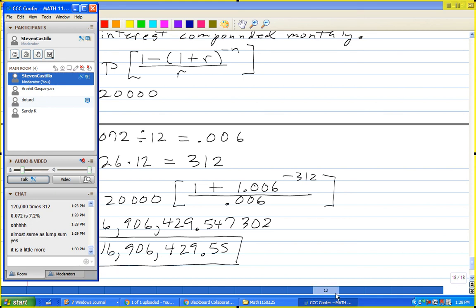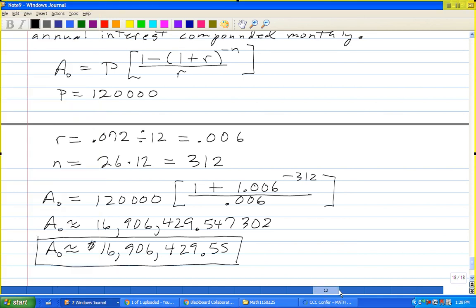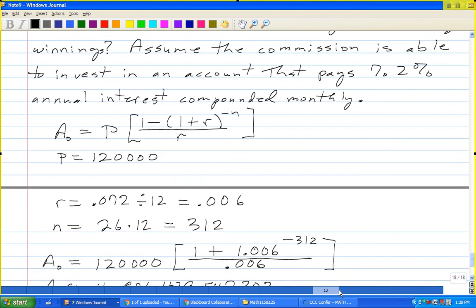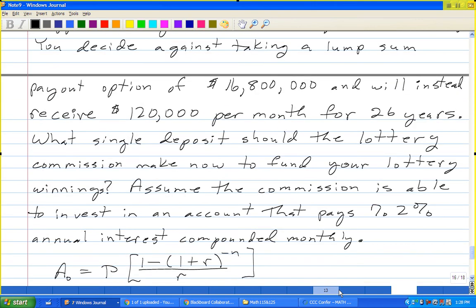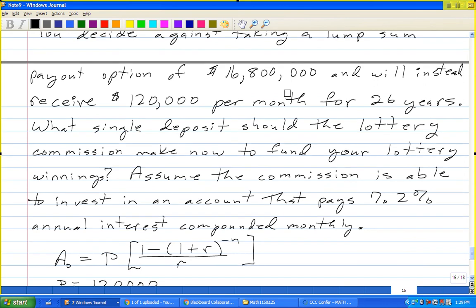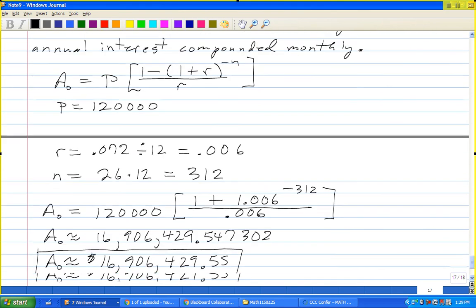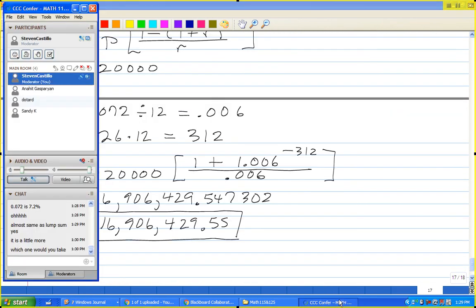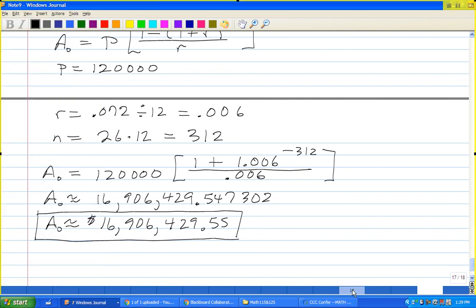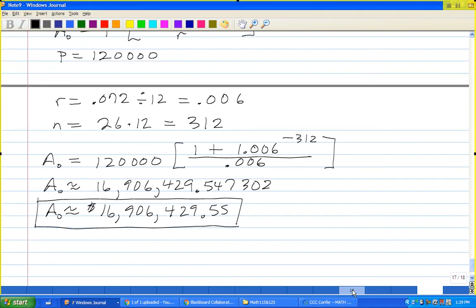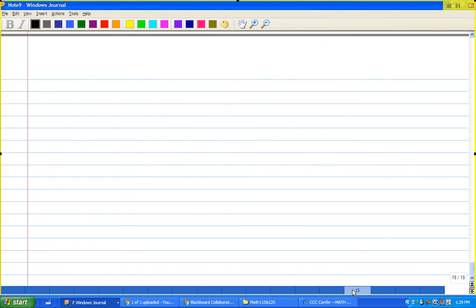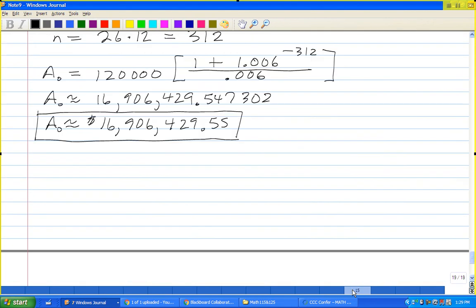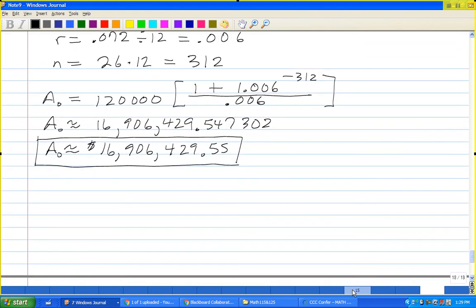Actually, I think they said 16,800,000. So they get an extra $100,000, but it's pretty darn close, right? I would take the amount of money over 26 years.